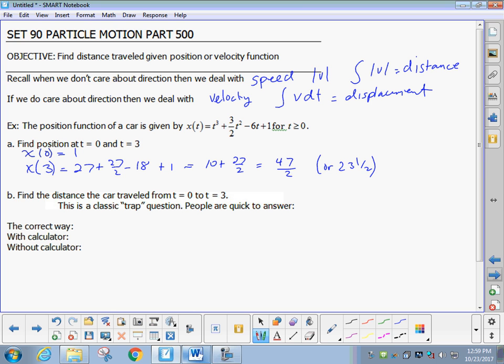So question B, find the distance the car traveled from time 0 to time 3. People in a rush say, well, it went from 1 to 23.5, so the distance traveled is 22.5. Yes? No, that's the displacement. That's the difference in position.